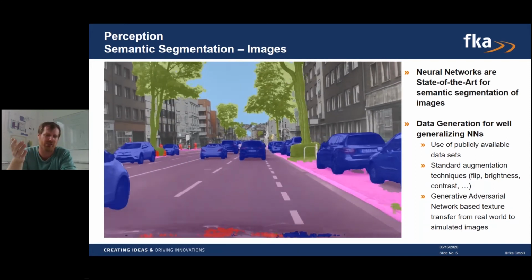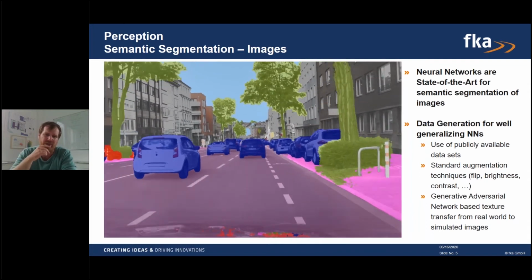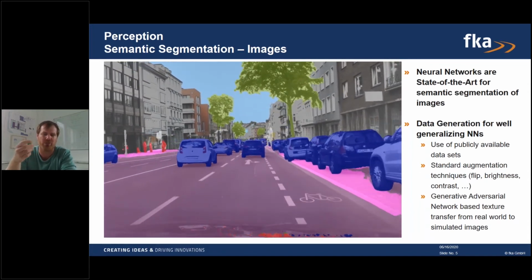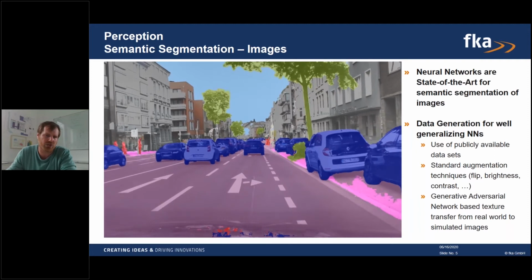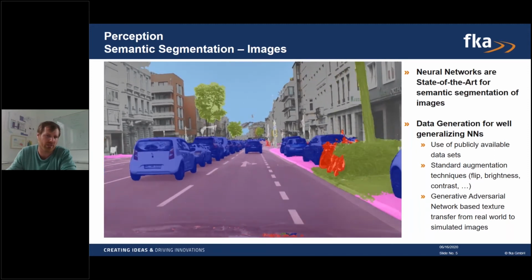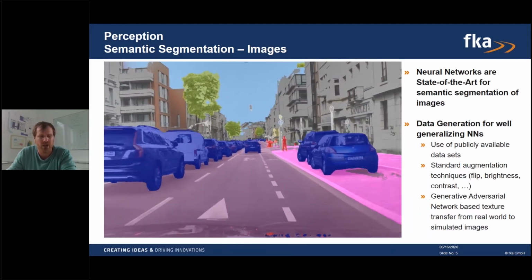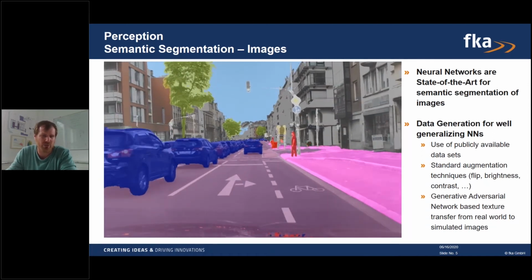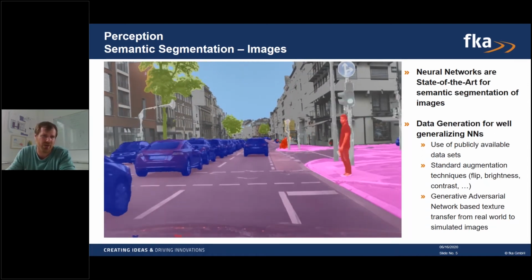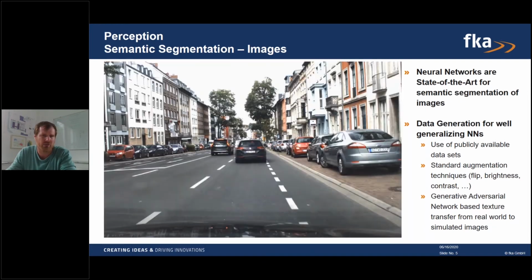There it's easier for you because the ground truth is available from simulation. So there are a lot of techniques which can be used to train the networks, and I think that is state of the art for image processing to derive the semantic labels from the image.